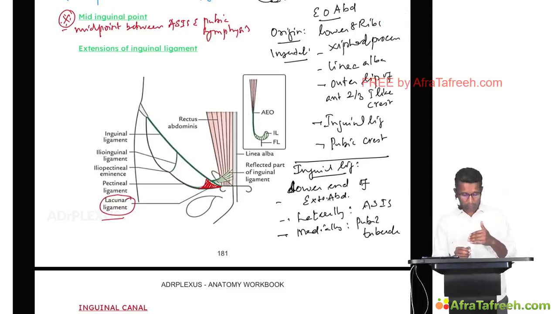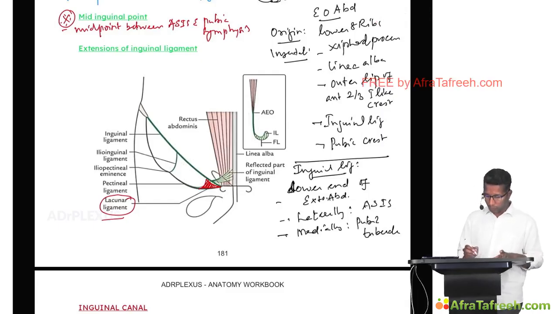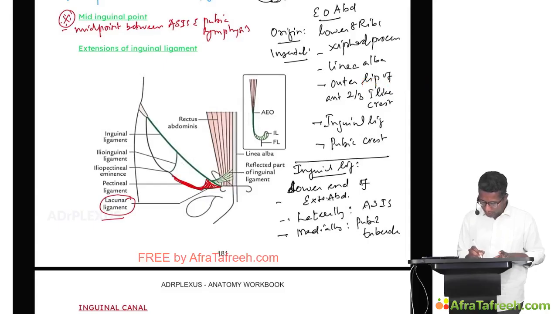After forming the lacunar ligament, it continues along the pubis and along the iliopubic eminence to form a ligament. This extension is called the pectineal ligament, or pectineal ligament of Cooper.